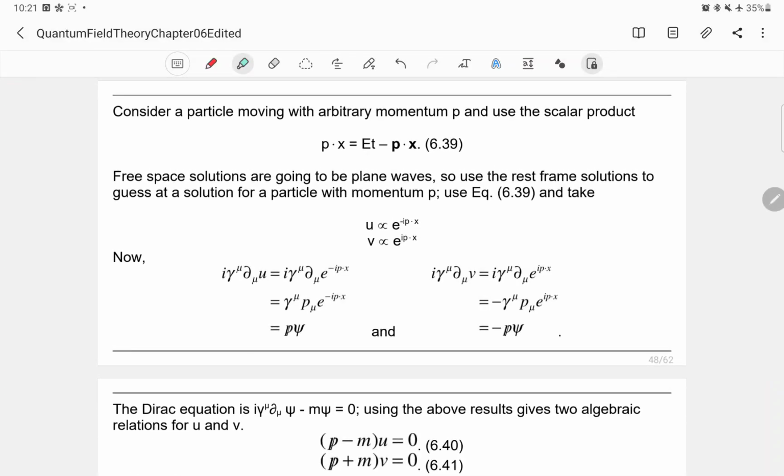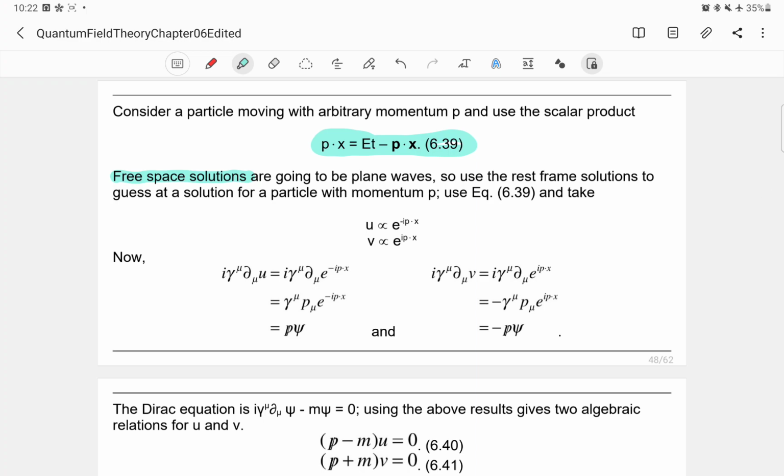Now consider a particle moving with arbitrary momentum p. This is for momentum, and we use the scalar product here with the space x. So this is a free space solution, so there are going to be plane waves.